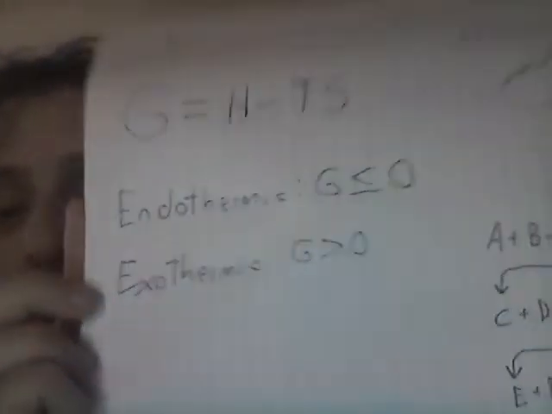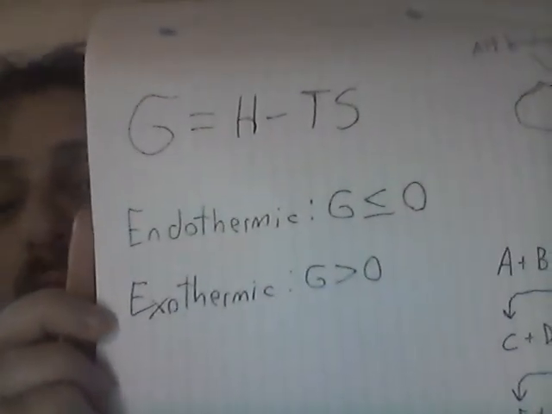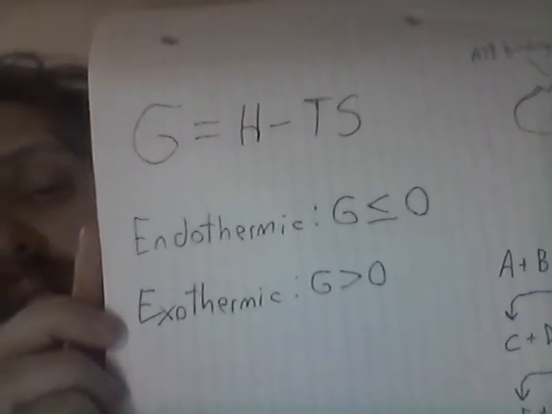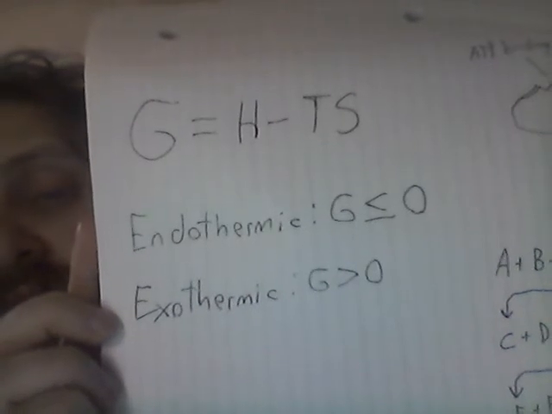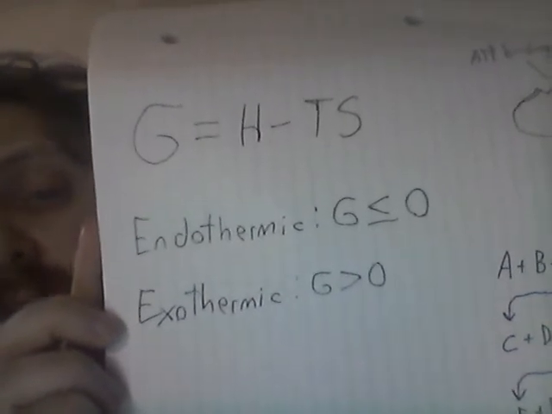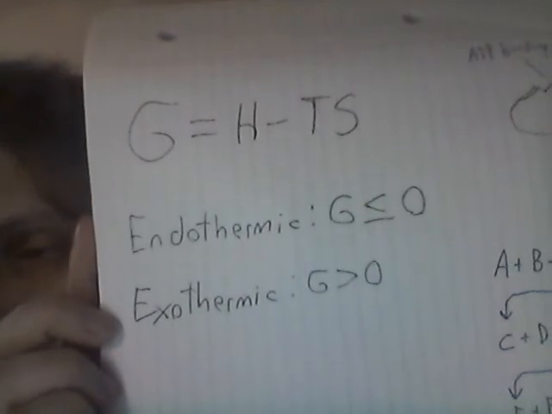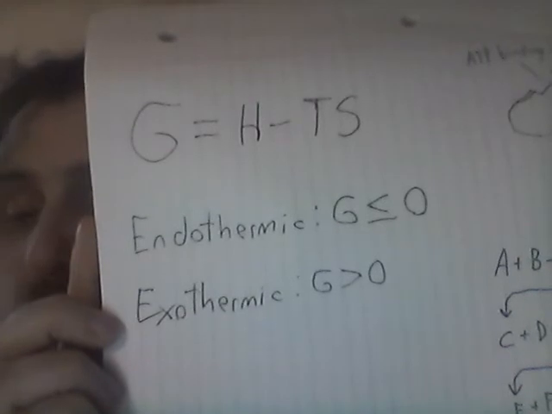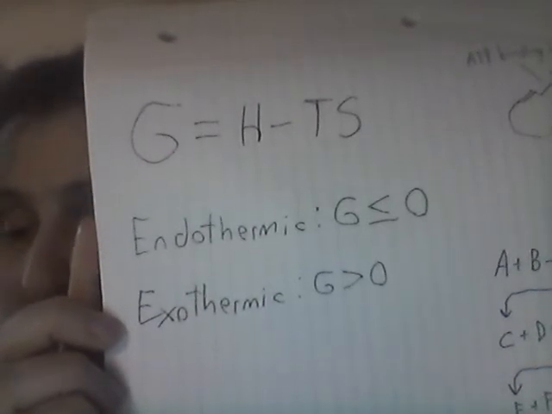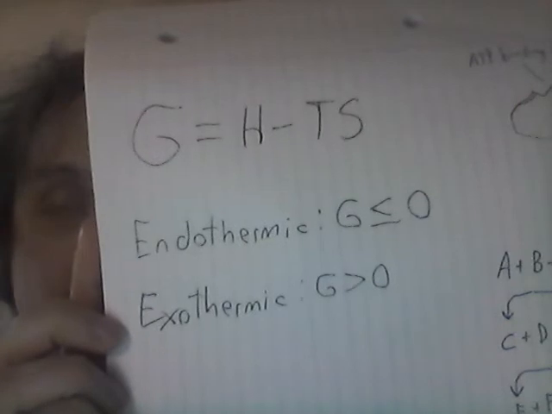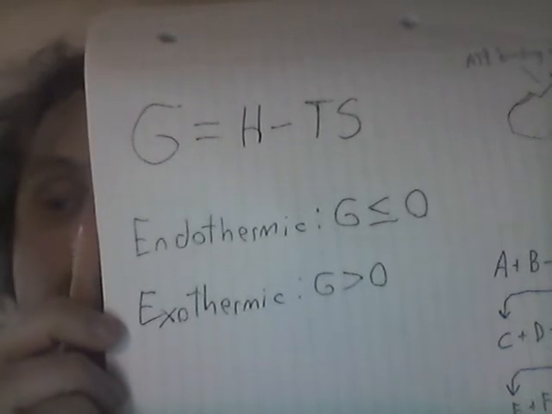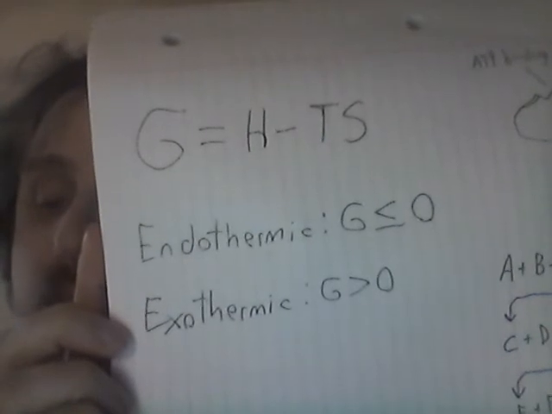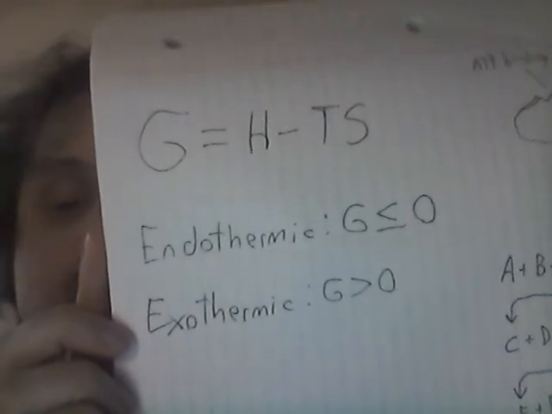Now, if you do your math on this and you find out that your value for G is positive, in other words, the amount of energy you're going to lose along the way is less than the amount of energy you had to start with, your reaction is going to be an exothermic reaction. So an exothermic reaction is one in which the final value for free energy is greater than 0. In an exothermic reaction, you can have the reaction proceed spontaneously.